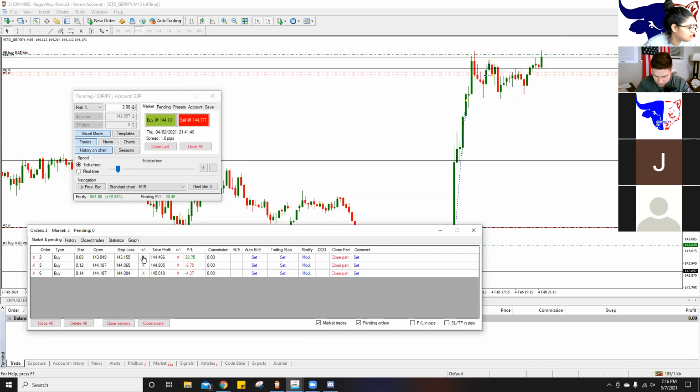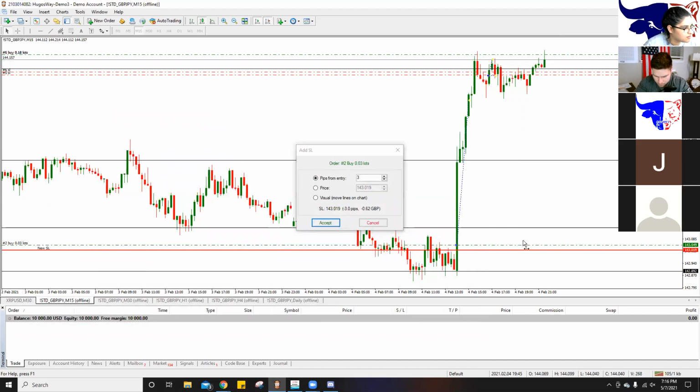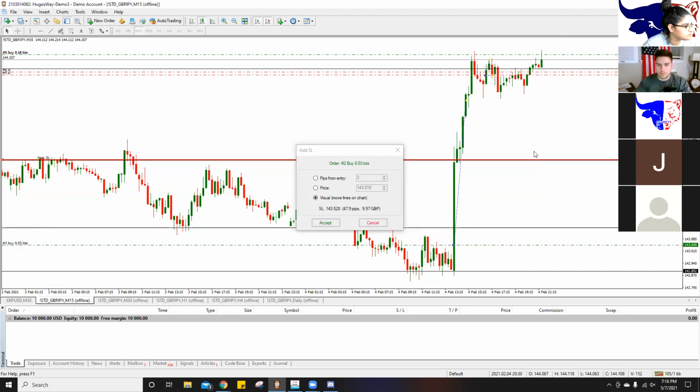I would keep it right above this resistance at this point. We've already cleared out all this area, still giving it enough room if it does want to pull back just to correct this move.